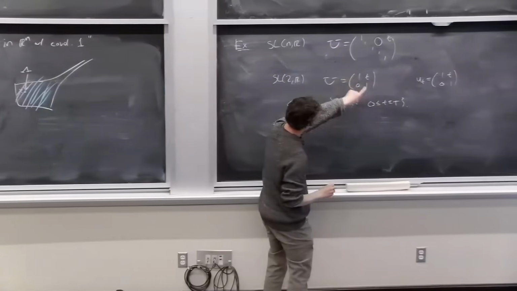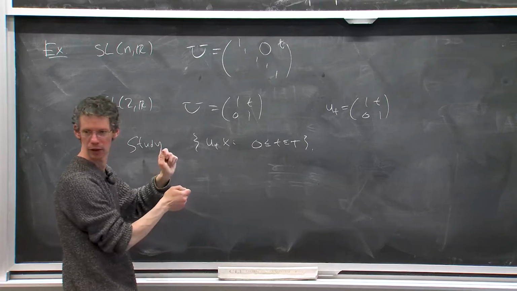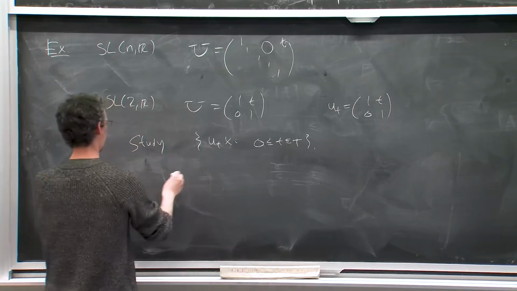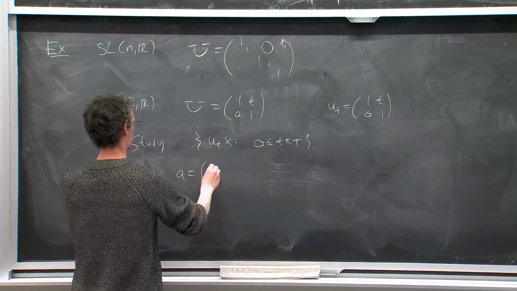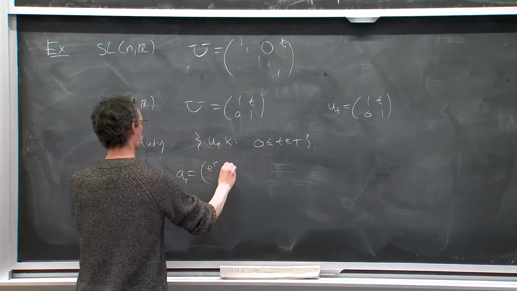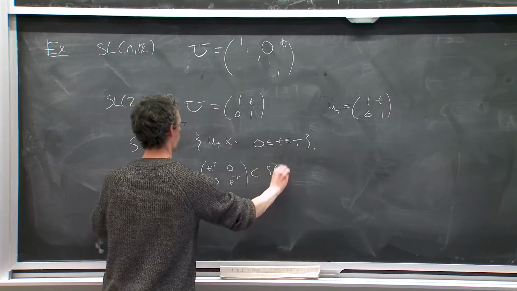OK. So what's important about this structure is that it interplays very nicely with a different matrix. So suppose now that little a is the diagonal matrix, little a_r maybe is (e^r 0; 0 e^-r). So that's in SL2R also.